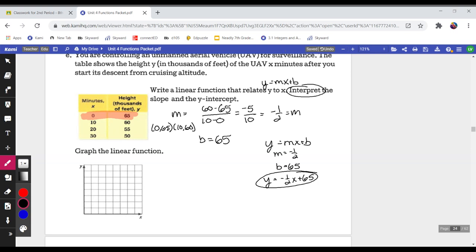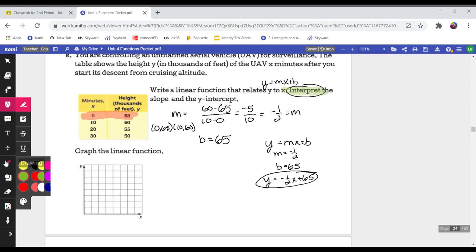So we're going to graph the linear function, but not quite yet, because we need to go back and interpret the slope and the y-intercept.